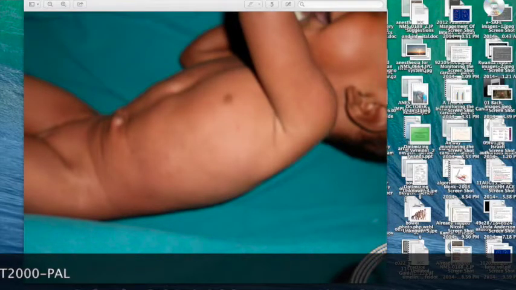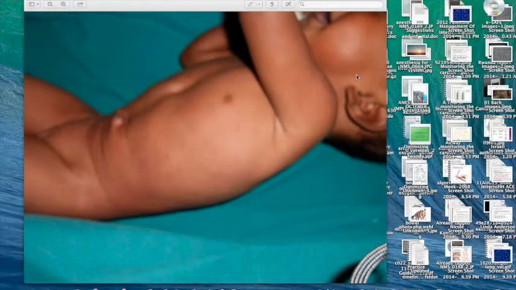This is the scaphoid abdomen. This is a child with a post-operative hernia from Rwanda. And you can see the scaphoid abdomen. Scaphoid, just so you know, comes from the Greek word scaphos, which means boat, because the abdomen looks like a boat.